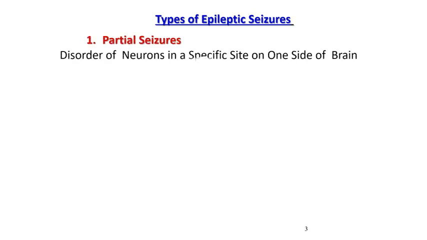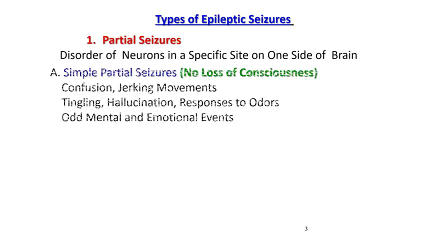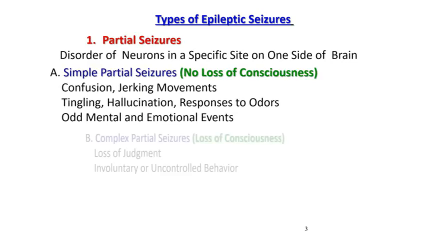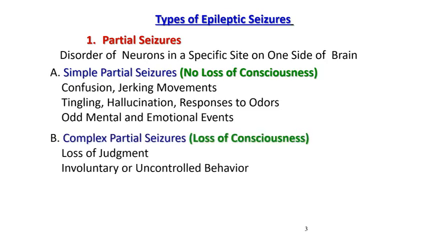According to the affected site in the brain, epileptic seizures can be classified into three types, starting from a partial seizure type to a general condition, that is generalized epileptic seizures, and then to status epilepticus.